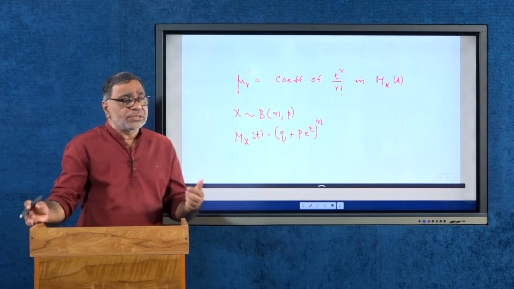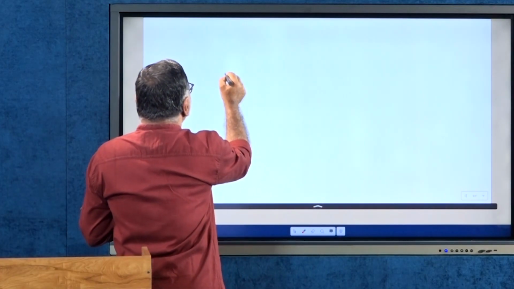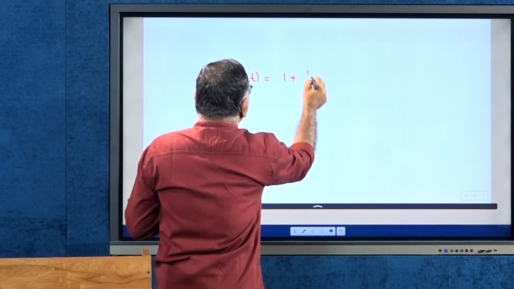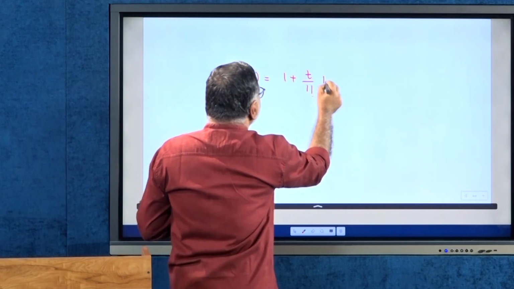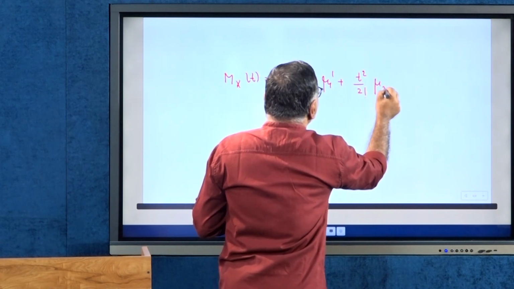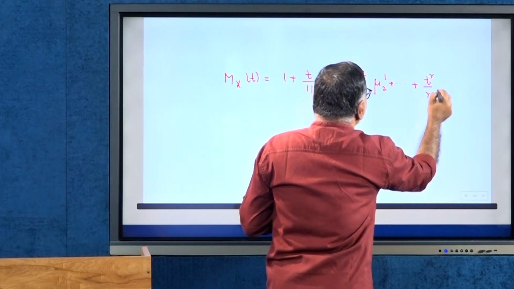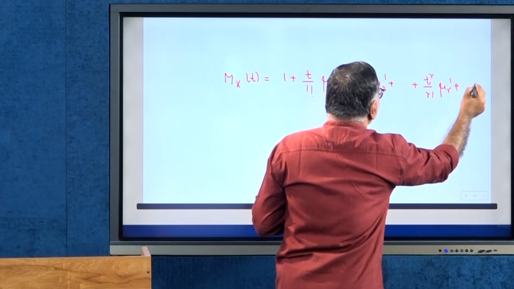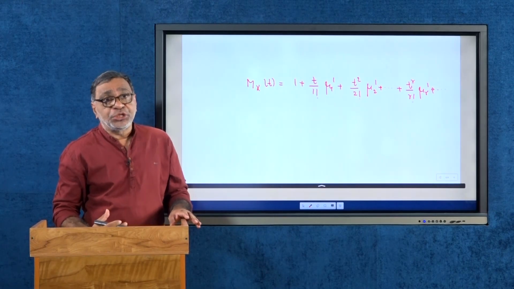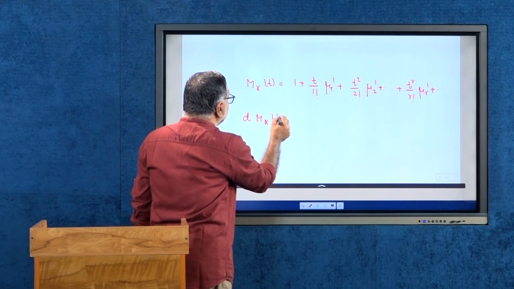Earlier we have obtained the moment generating function M_X(t) as 1 plus t divided by 1 factorial mu 1 dash plus t square divided by 2 factorial mu 2 dash plus etc., the (r plus 1)th term t power r divided by r factorial mu r dash plus etc. Suppose we are differentiating this moment generating function with respect to t.